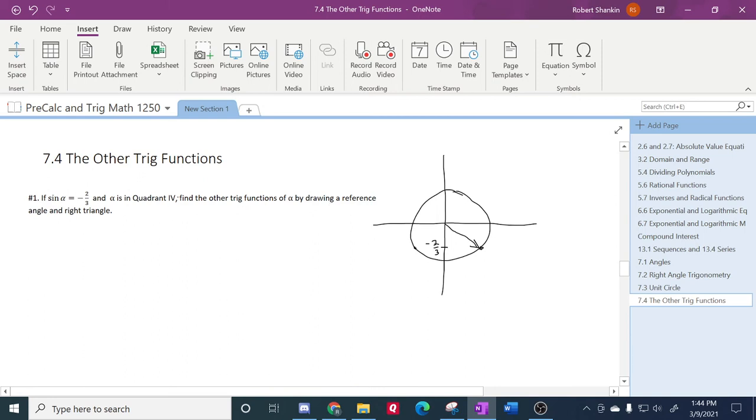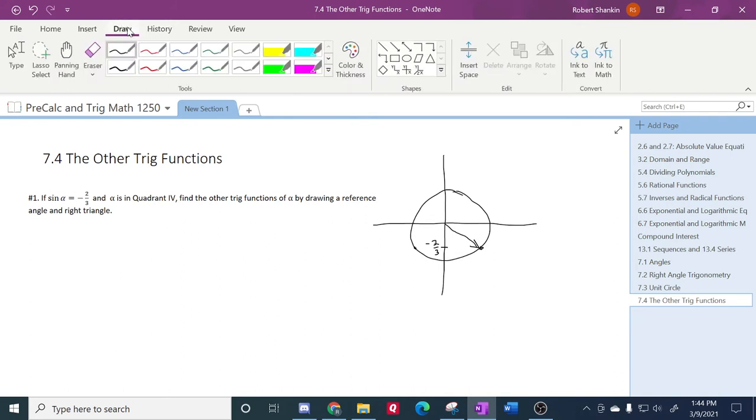If they didn't tell you quadrant 4, it could have been over here, because that also has the y-coordinate. Remember, the sine is the same as the y-coordinate. So here's the angle alpha. Now, the angle alpha, I really should draw it over here.